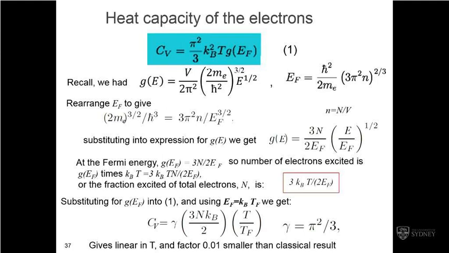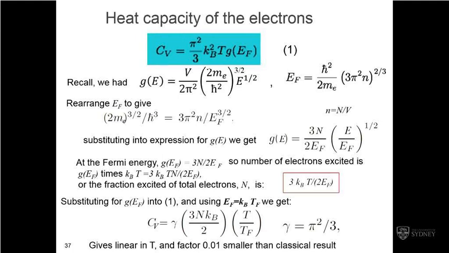With respect to the total number of electrons in your system n, you can just divide by n and you get this. So what this tells you is the fraction of electrons in your particular metal that might be characterized by a Fermi energy at a particular temperature.